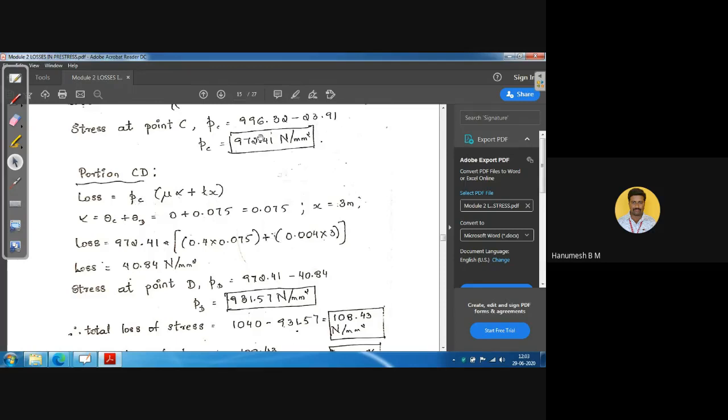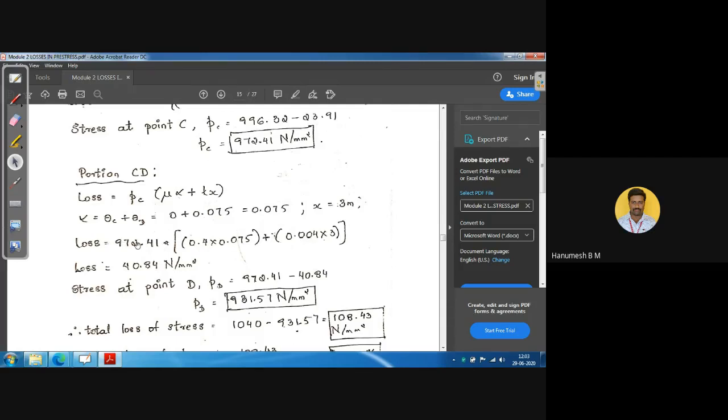PC ಅಂದ್ರೆ ಈ ವ್ಯಾಲ್ಯೂ 972.41 Newton per mm square. Alpha is theta C plus theta D. Theta C ಏನಿದೆ 0 ಇದೆ. Theta D again it is bent with a tangent of the angle 0.075. Tangent means it will be the final value. Hence alpha is equal to 0.075.